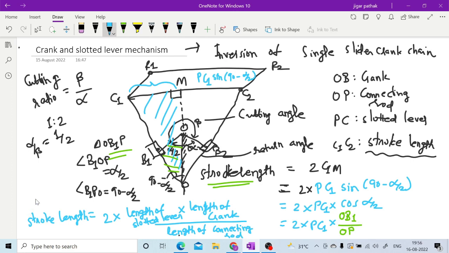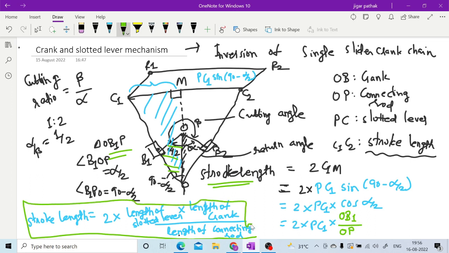So this is how you can get the stroke length from the lengths of the different linkages in the crank and slotted lever mechanism. Length of lever, length of crank, and length of connecting rod will give you the stroke length.